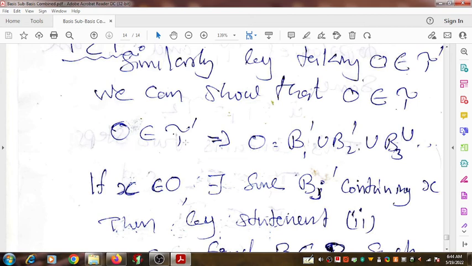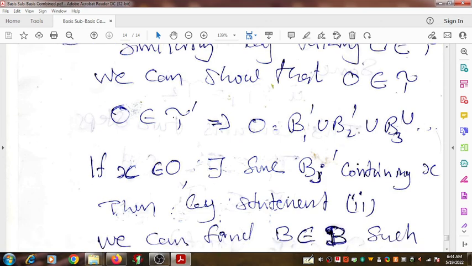Since O is an element of tau prime, using the basis of tau prime, O can be written as the union of members of script B prime. So O is equal to B1 prime union B2 prime union B3 prime, etc., the union of members of the second basis.